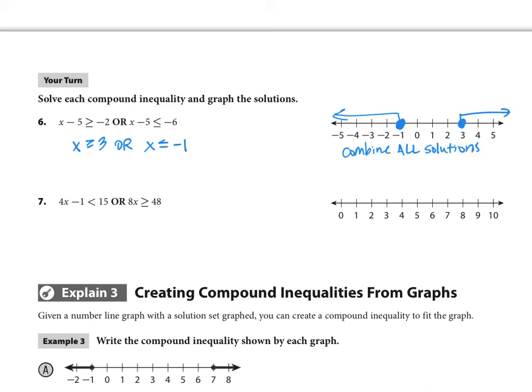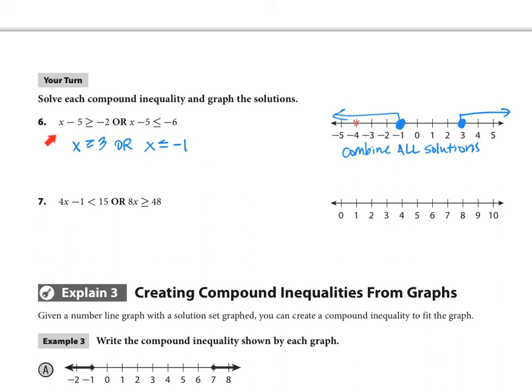So let's say I just chose the value -4. Is -4 greater than or equal to 3 or less than or equal to -1? And the answer is yes, it is. It's this one, right? -4 is less than or equal to -1.